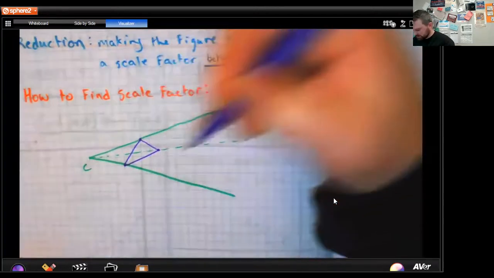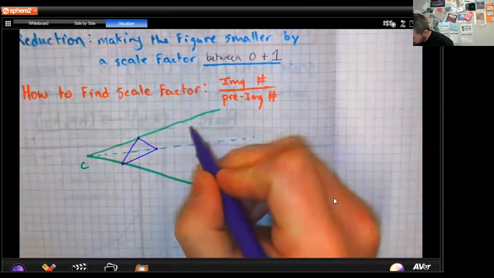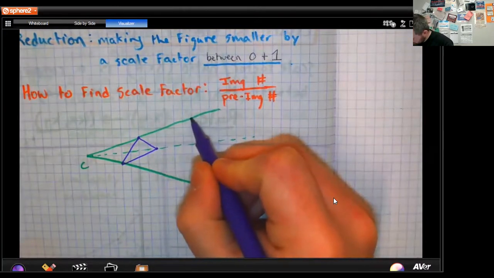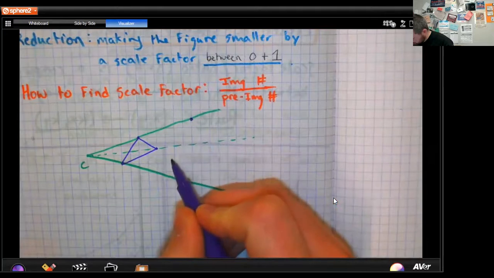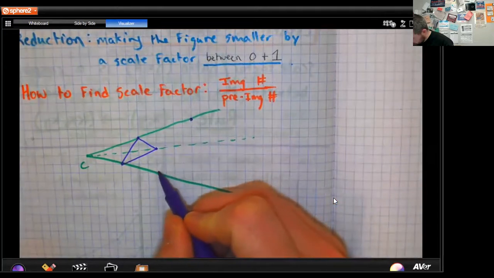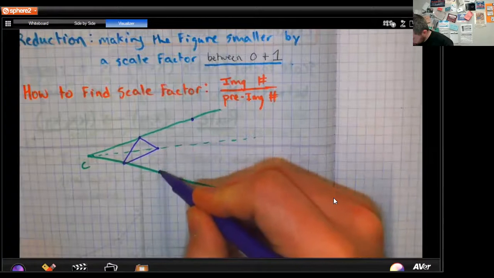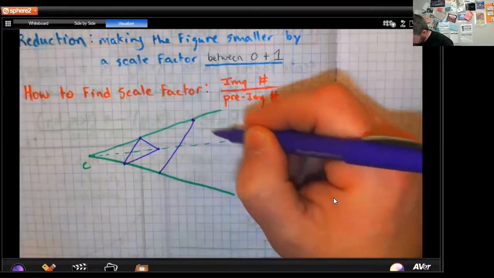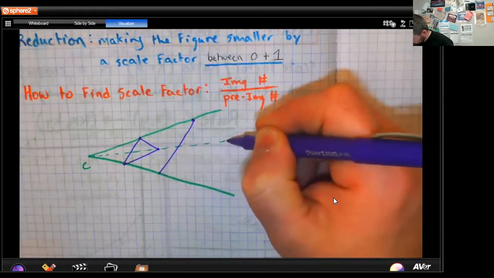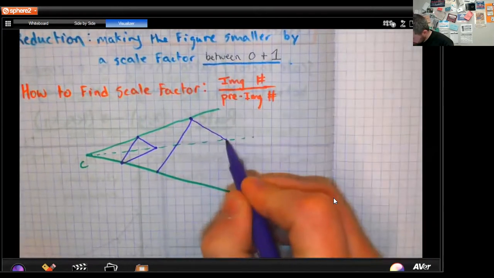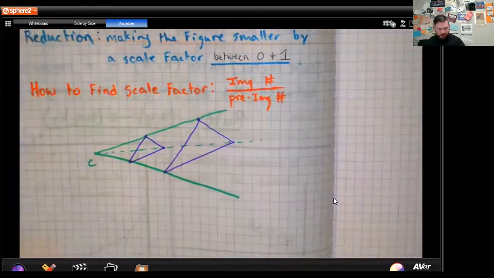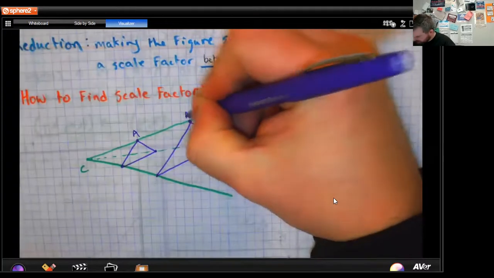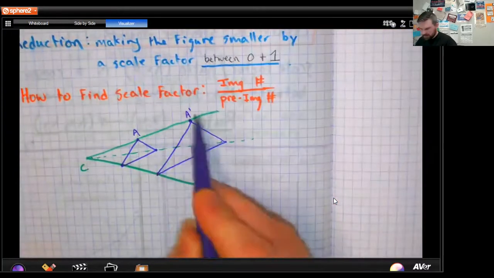So we've got that shape, and we're going to have this shape here. On this shape, you have A and A prime, so you have the pre-image and the image.